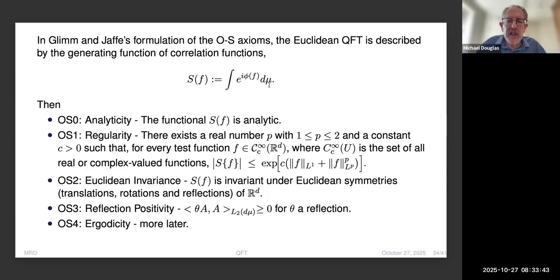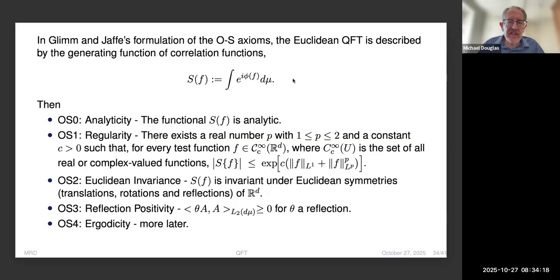And so mu is a measure supported on these phi's, and then the basic quantity that we're trying to characterize, we could characterize mu, or we can characterize the generating function of correlation functions, which is what you would call the characteristic function also in probability theory, this functional of the function f given the pairing and given this measure on the distributions phi. And then that's just a probability measure, and most probability measures do not correspond to quantum field theories, and these axioms tell us a subset which do correspond.